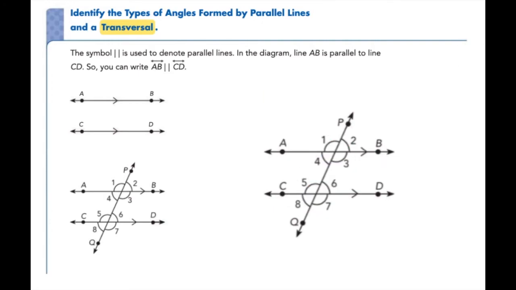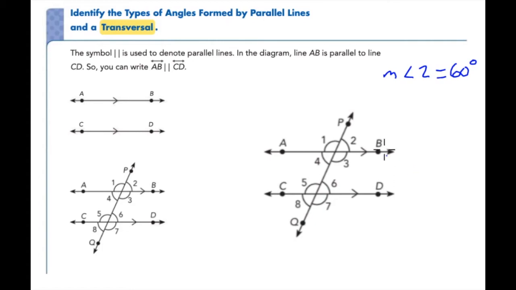Now we're going to look at finding the measure of angles when we're given a transversal that goes through 2 parallel lines. And if we're given any one measure, we could figure out the measure of every other angle that we have. So I'm going to take angle 2, and let's just say the measure of angle 2 is 60 degrees.